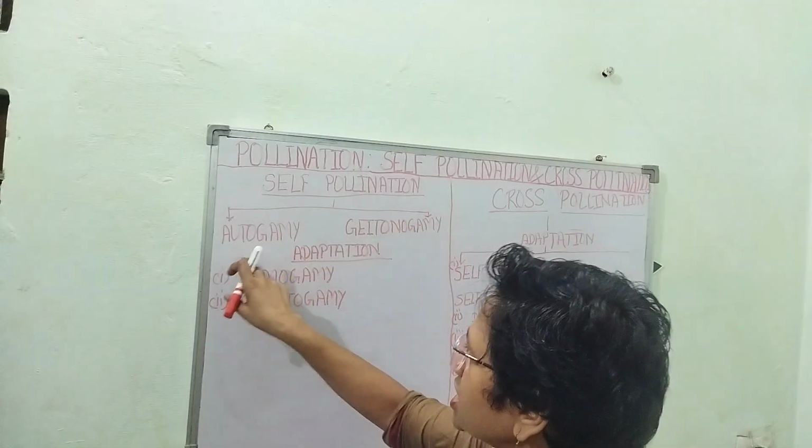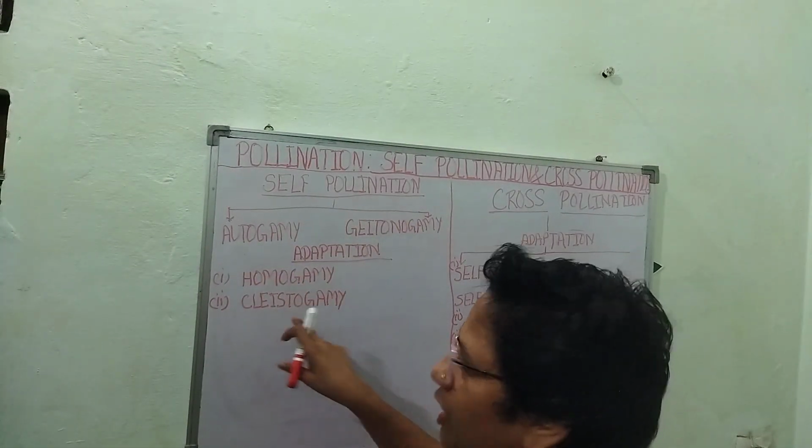The contrivances and adaptations for it are of two types: homogamy and cleistogamy.